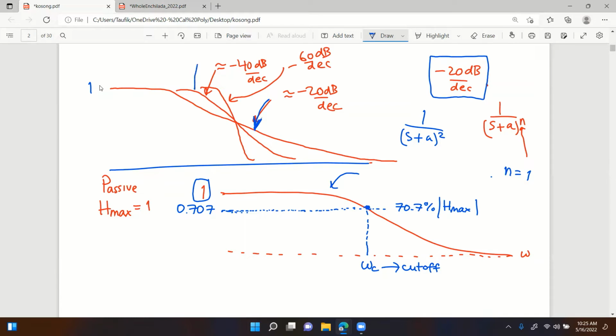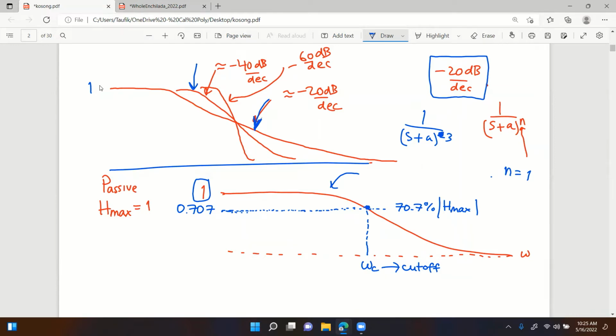For example, this one right here. So it's steeper. If you want it to be even steeper than this, then go ahead and increase it to 3. If it's 3, then the slope would change to minus 60 dB per decade. So it's even steeper. Well, you get the point, right?